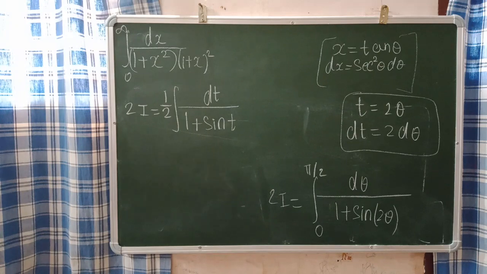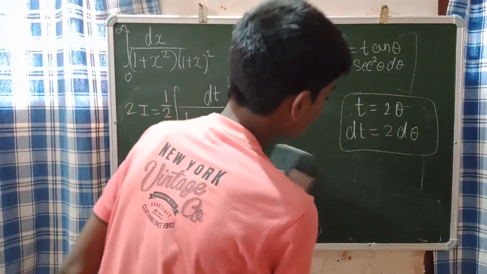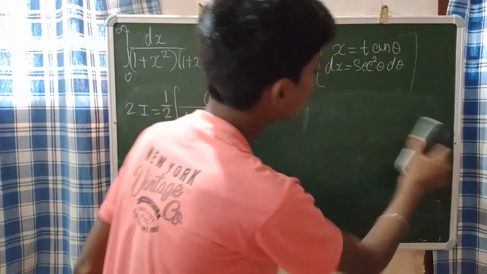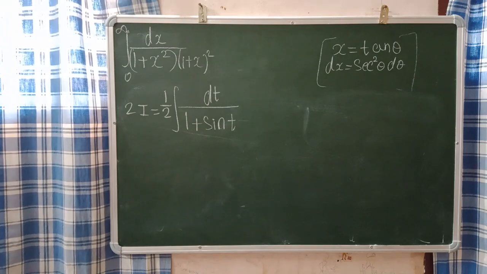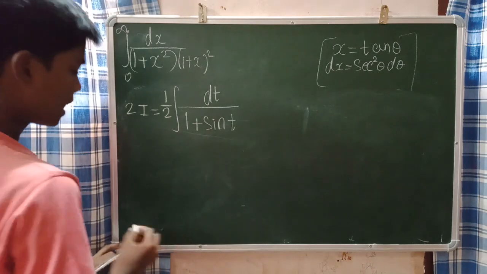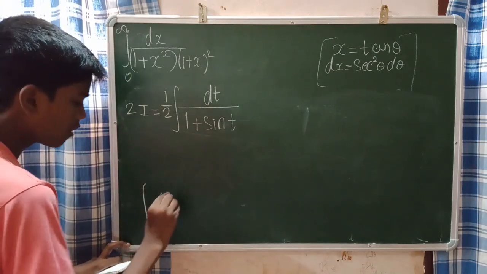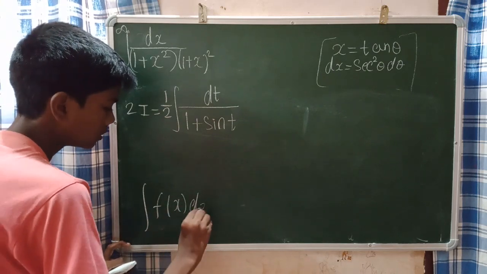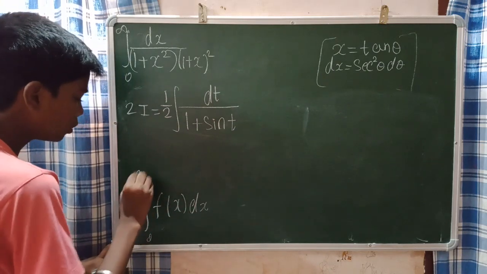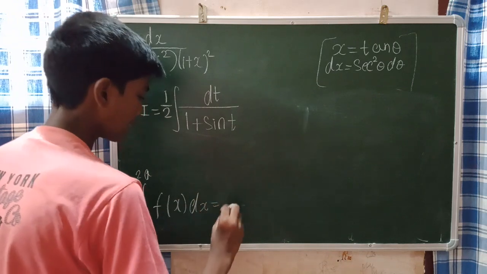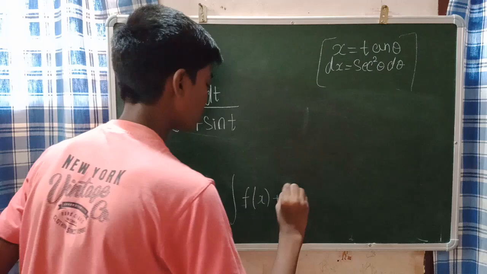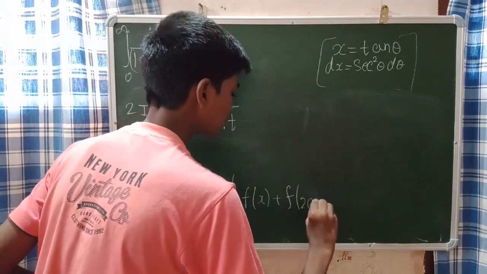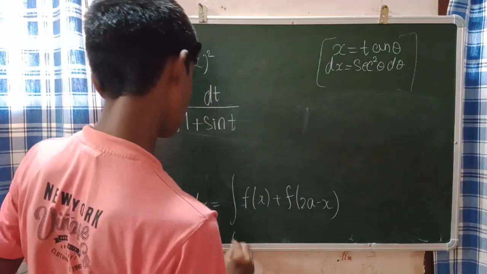Now after this, what I'm going to do is use a property that plays a very vital role, guys. If you don't know that, you need to go and revise everything. So you know in standard integral, I will write here: integral of f of x dx from 0 to 2a can be written as integral of f of x plus f of 2a minus x from 0 to a.